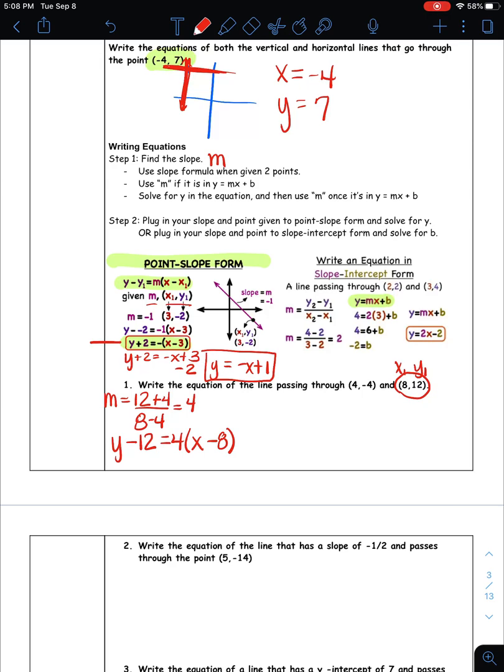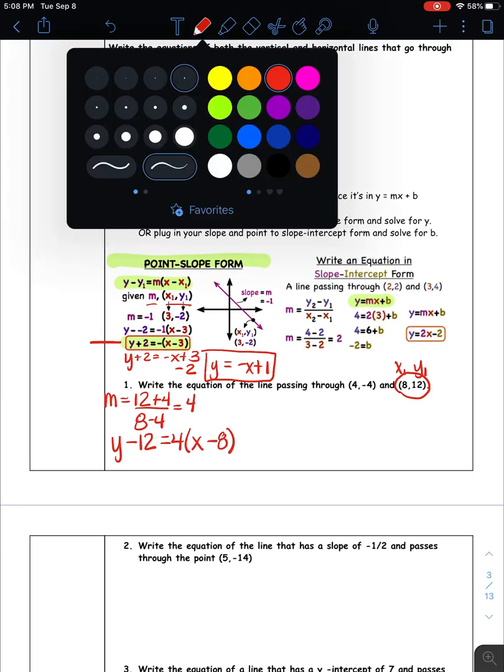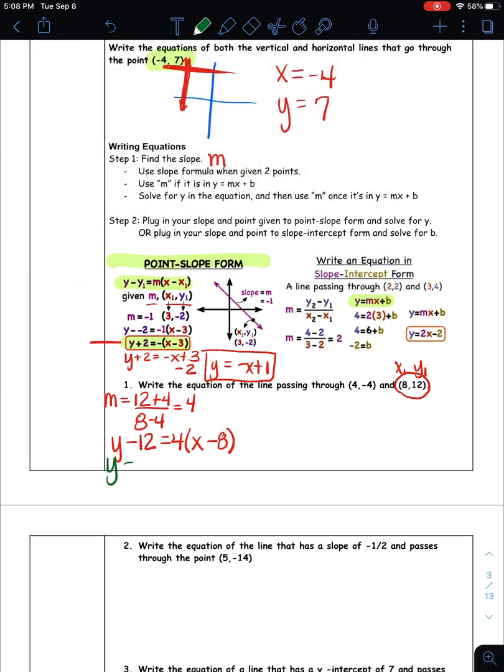If I had asked for it in slope-intercept form, then you would need to finish it. So we could stop right there, or we could do y minus 12 is equal to 4x minus 32. Then I would add 12 to both sides and get y is equal to 4x minus 20. That is in slope-intercept form. Now, the other way that you could do this, you still need the same slope.